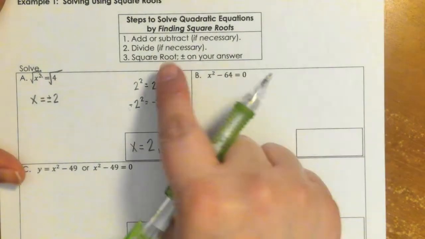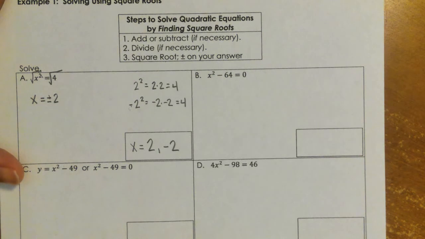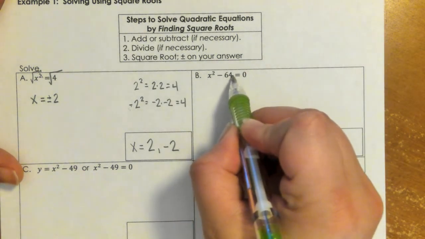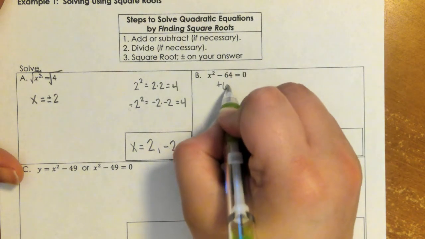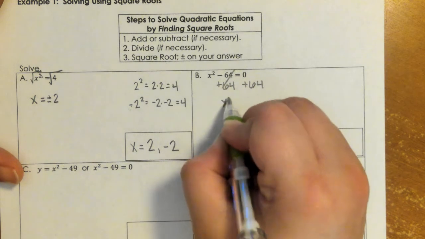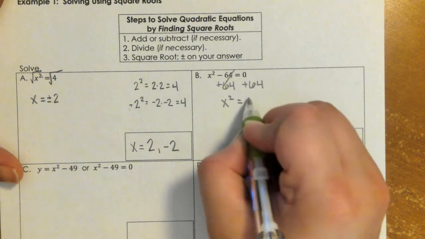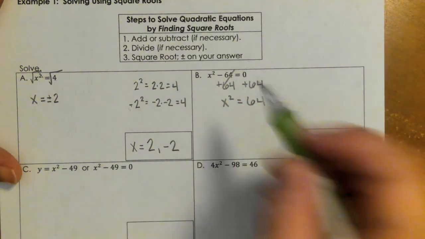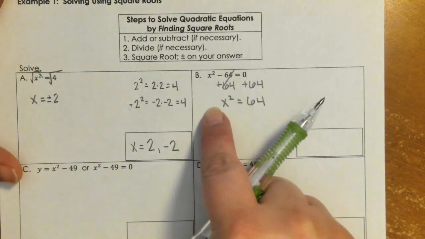So part B, can you add or subtract anything to get x squared by itself? Yes, we can get rid of this 64. So I'm going to add 64. And I get x squared equals 0 plus 64 is 64. Can you divide? Nope, there's nothing in front of x squared to divide by.